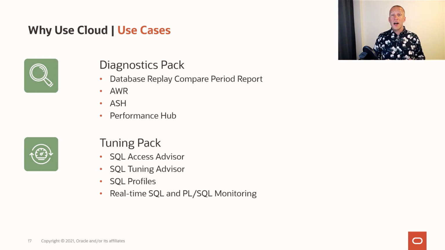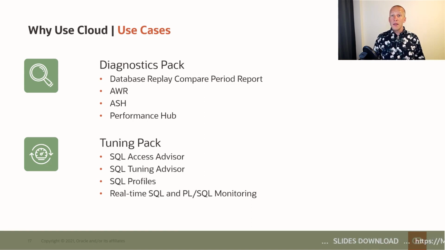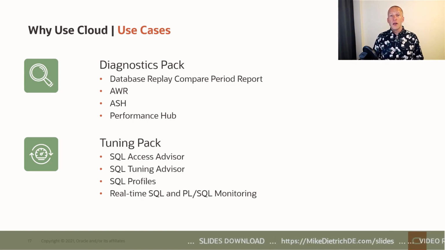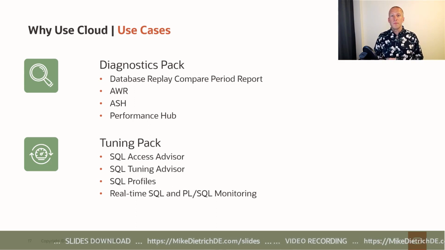Which use cases are there that can utilize these options and packs when it comes to testing? If you look at the diagnostics pack, AWR and ASH come to my mind immediately. If you can run a realistic workload on your cloud instance in OCI, you can use those tools to quickly navigate into the workload and see where the bottlenecks are.